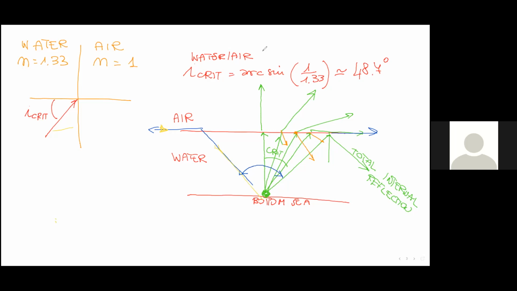If you have light coming at a certain angle here, it will be refracted inside the cone. So if you are an observer here, a scuba diver resting on the bottom of the sea, the light coming from the outer world will come to you through a cone. You will see the whole world inside a cone. Outside, you don't see anything.